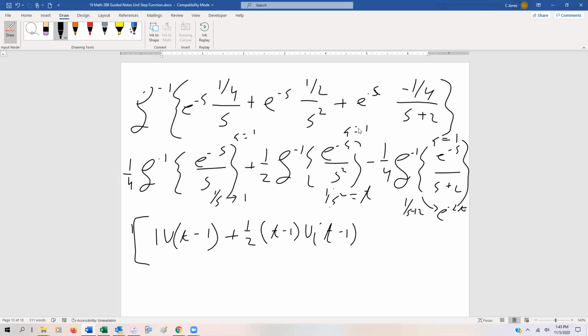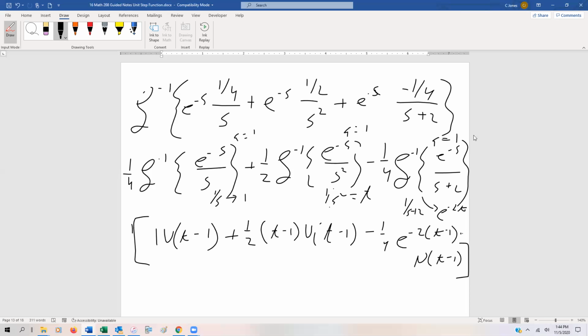And then finally, minus 1/4 e to the minus 2(t minus 1), and we have our unit step u(t minus 1). And that should be multiplied right here.